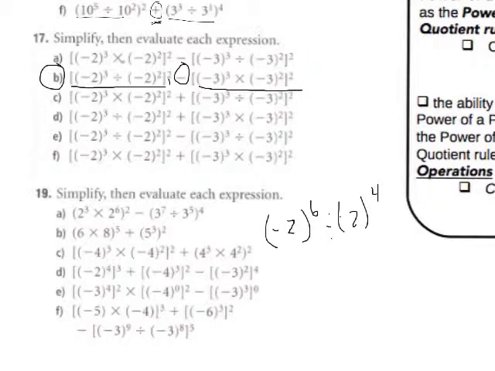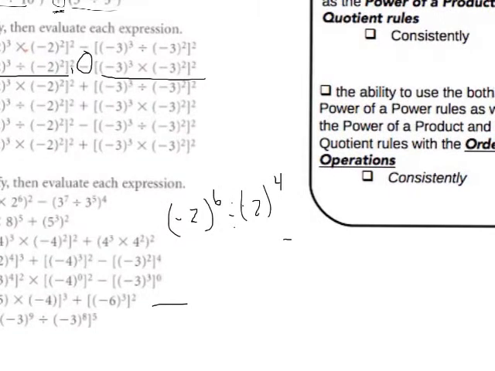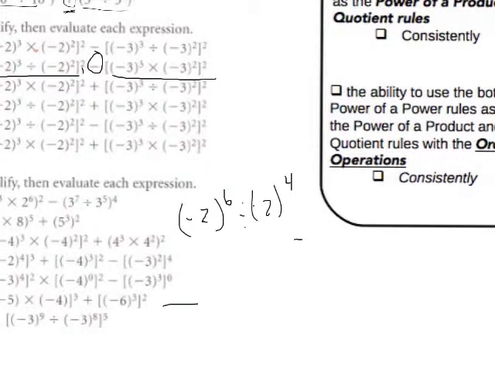I'm out of room, so I can move it over. Okay, minus negative 3 to the power of 6 times negative 3 to the power of 4.